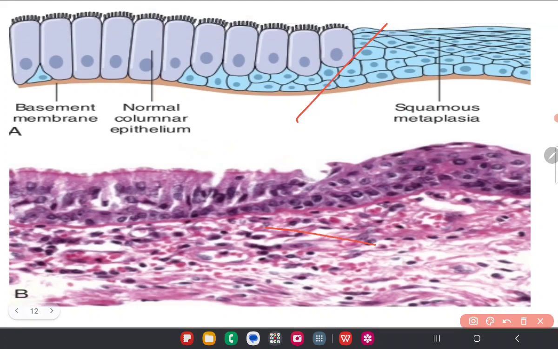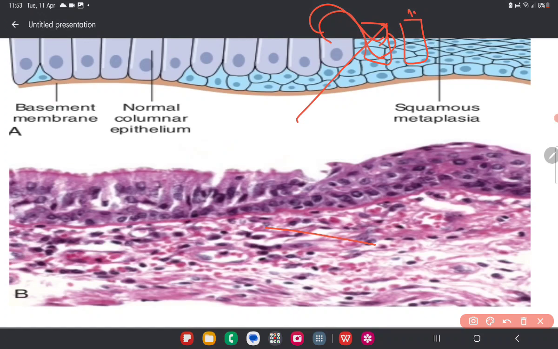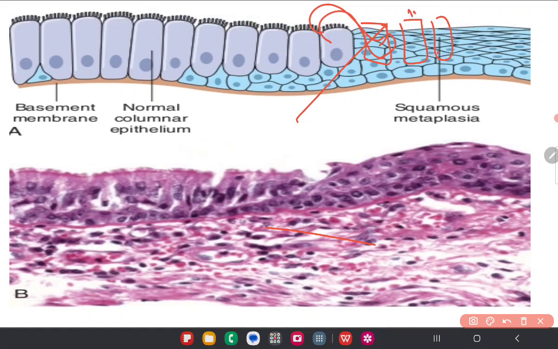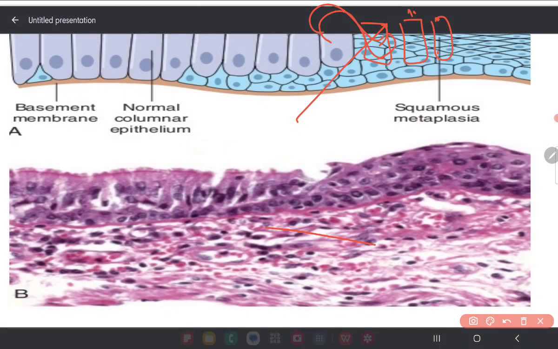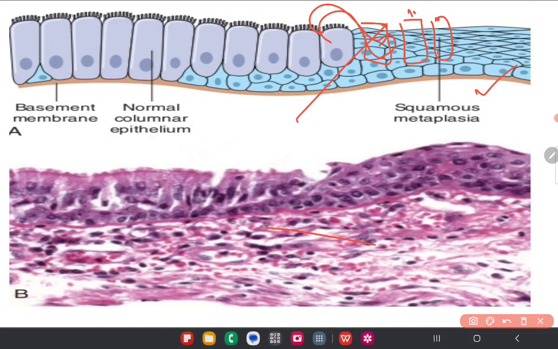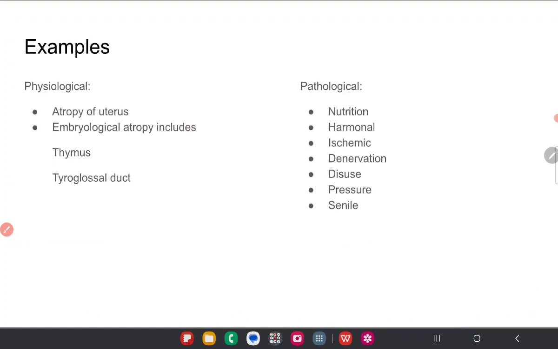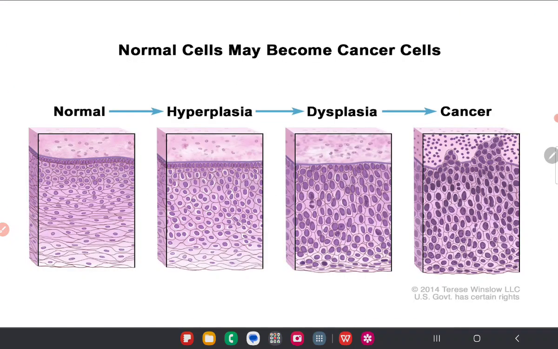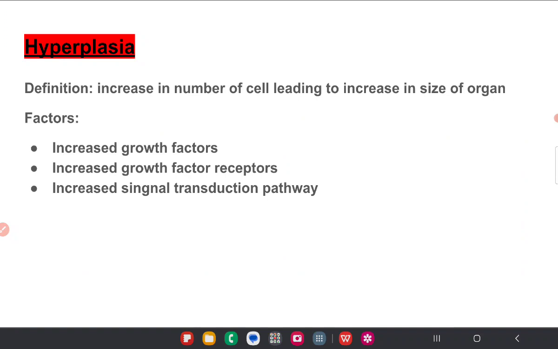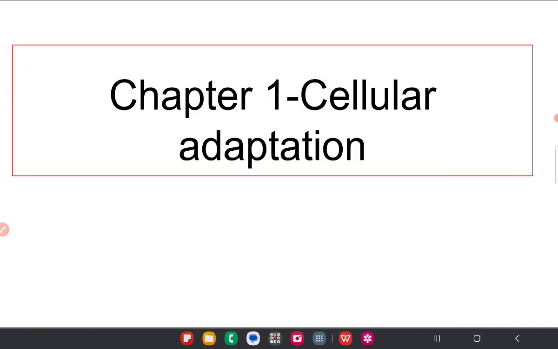Like this, when regurgitation takes place from here, this may be converted into columnar cells. So this is it, columnar cells. So this is all about the cellular adaptations, modifications, and types of changes, as well as the examples. Thank you.